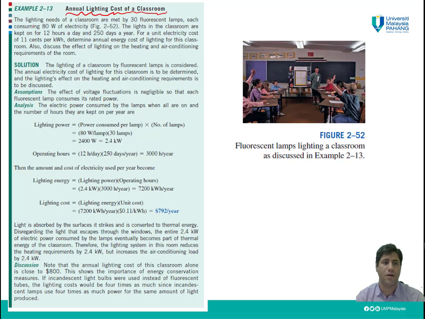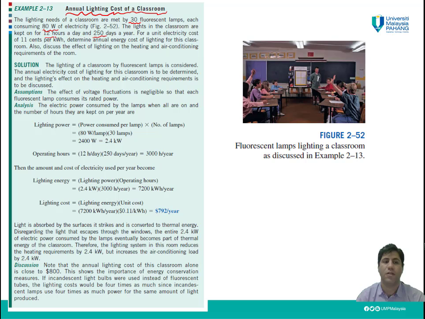The lighting needs of a classroom are met by 30 fluorescent lamps. So the source for the light is 30 fluorescent lamps, each consuming 80 watt. So the electrical power which is required for each one of these fluorescent lamps is 80 watts. The light in the classroom is kept on for 12 hours a day and 250 days a year.